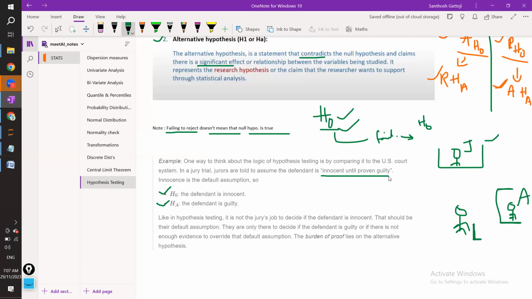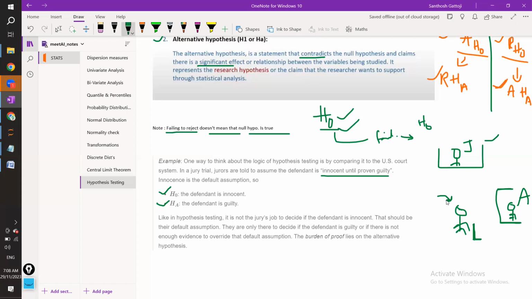Whoever is standing in the accused place, I don't know whether he has done that crime or not. As long as the opponent lawyer doesn't submit the required evidence to me, I cannot charge him or give him any punishment. So I will consider him innocent until proven guilty.